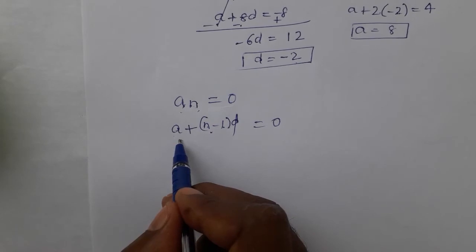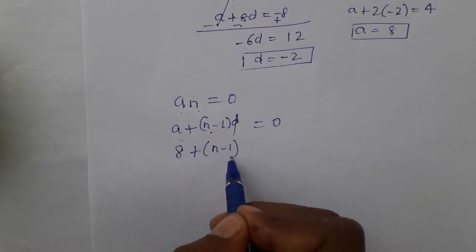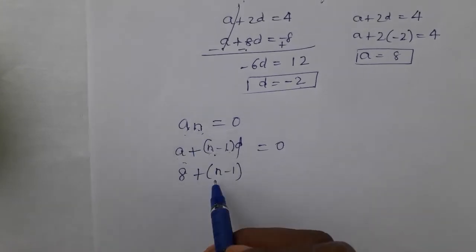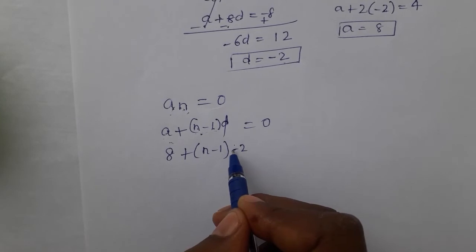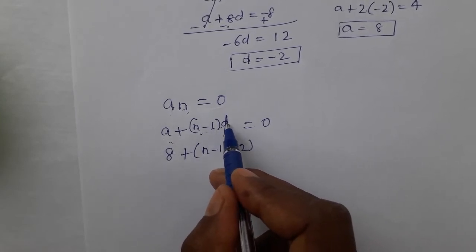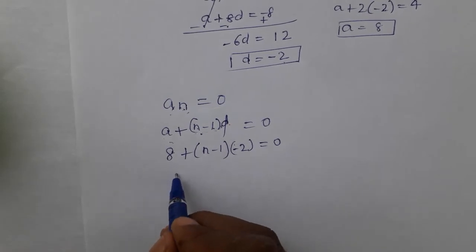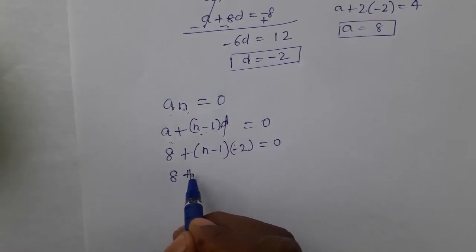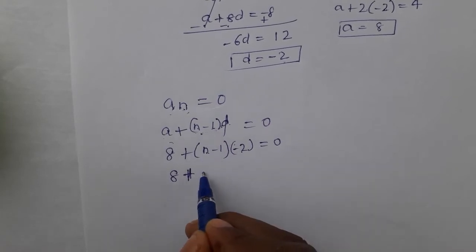What is the value of A? 8 plus N minus 1 is unknown. N value is still unknown. If 3 is there, we can write here. Here N is there, so N only is left. Minus 2, write it in bracket, because multiplication is there after the bracket, equal to 0. 8 plus minus 2 into N is minus 2N.